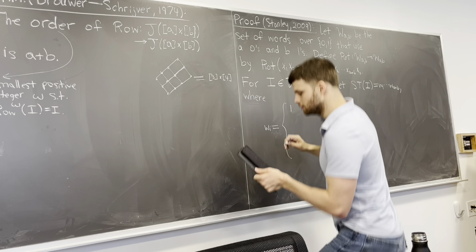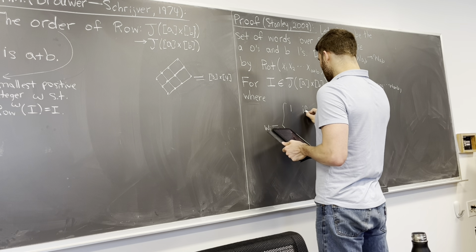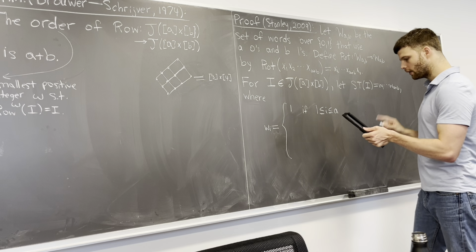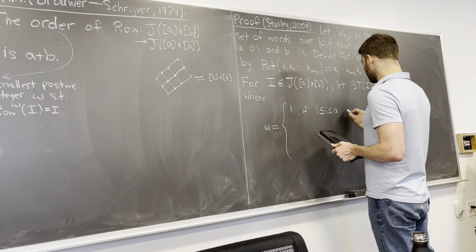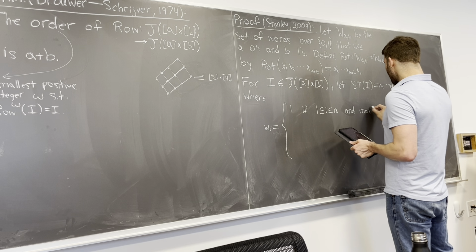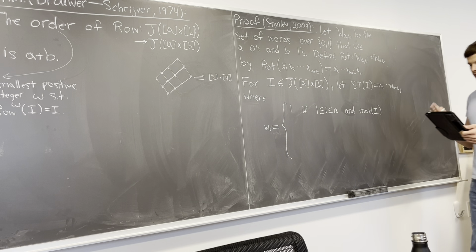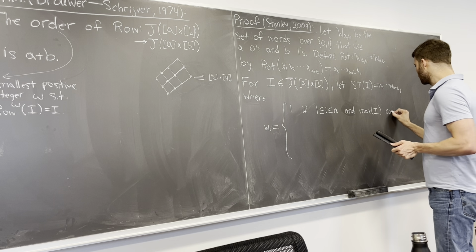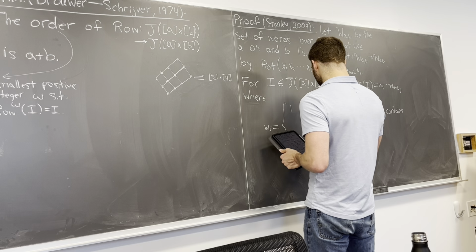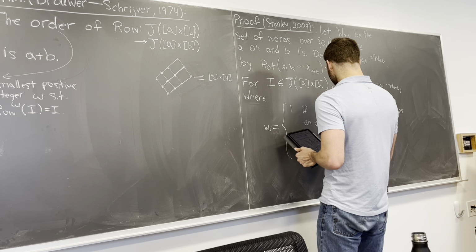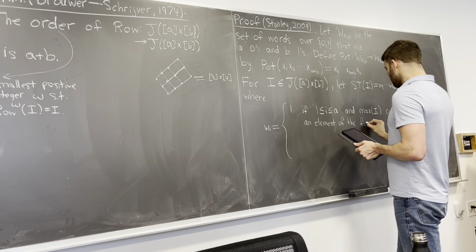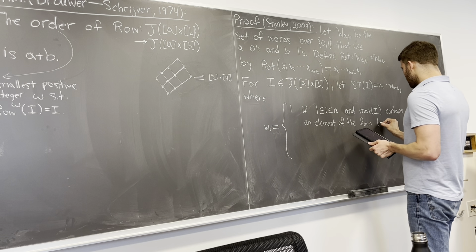It'll be 1 if 1 is less than or equal to i is less than or equal to A, and the set of maximal elements of my order ideal contains an element of the form (i, k) for some k.